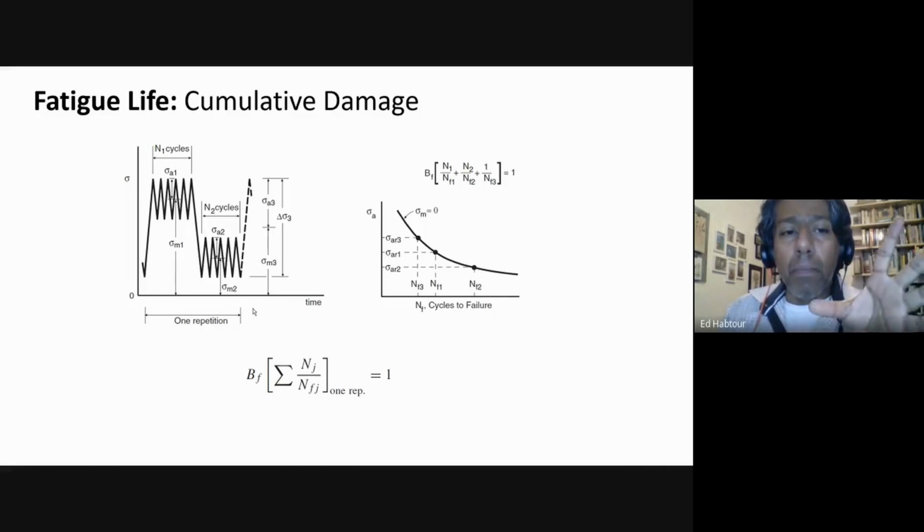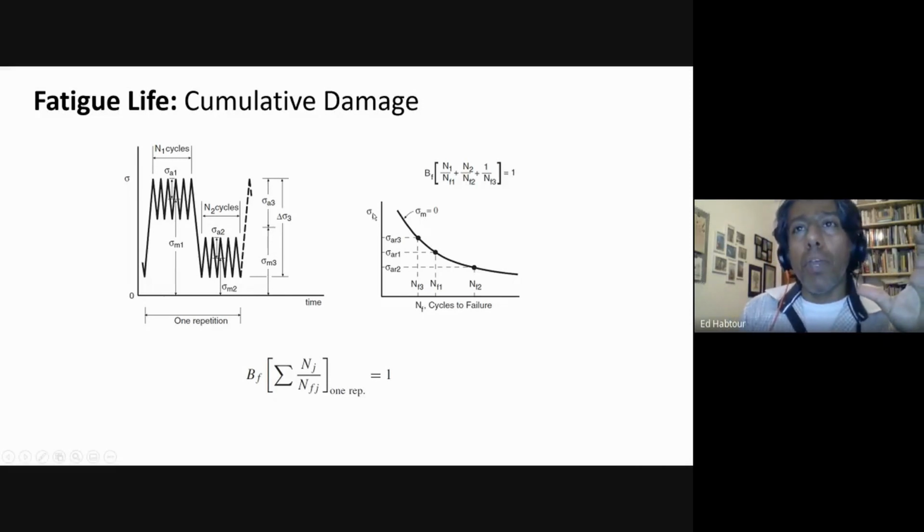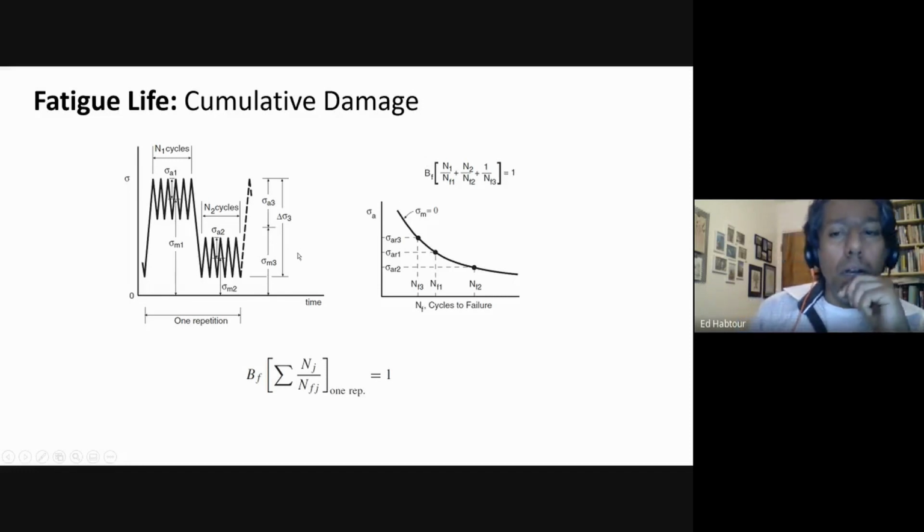This is similar to the Miner rule, that we multiply here by a constant. I included the reference at the end. Go through it.